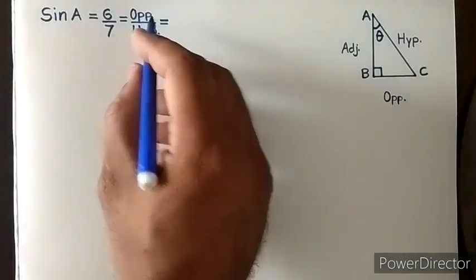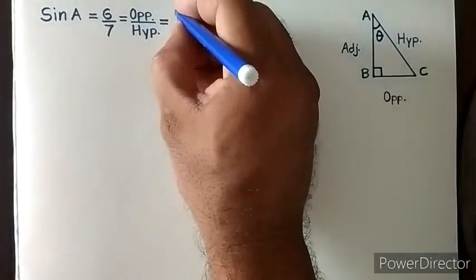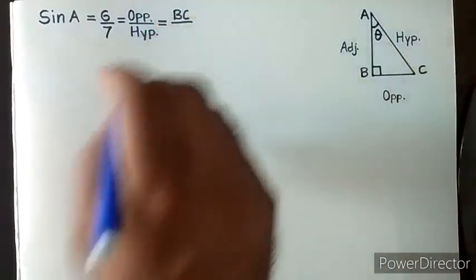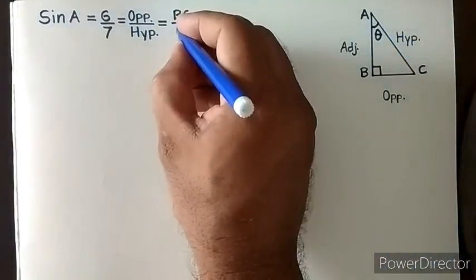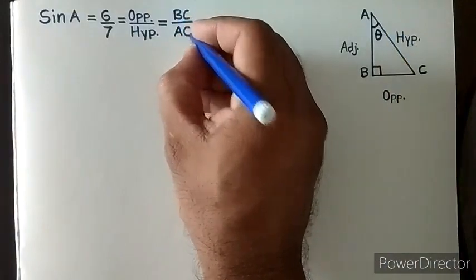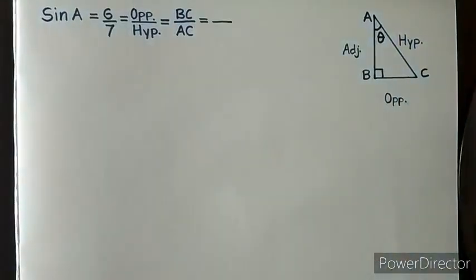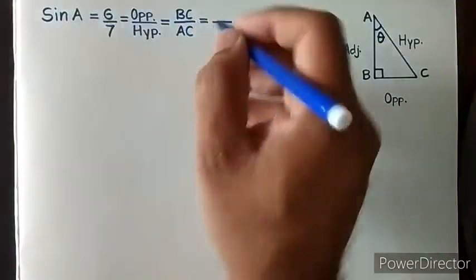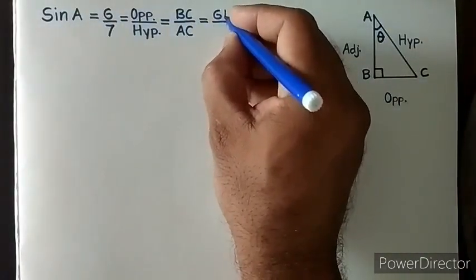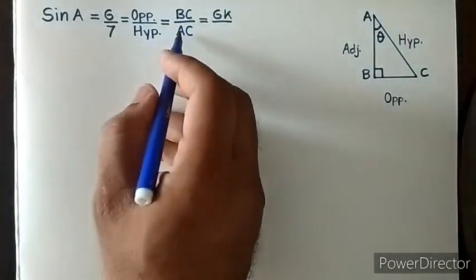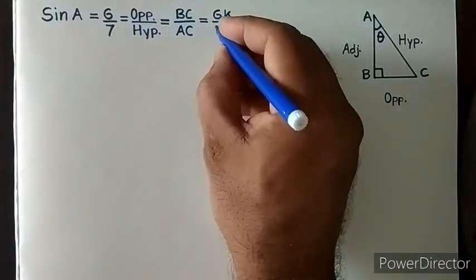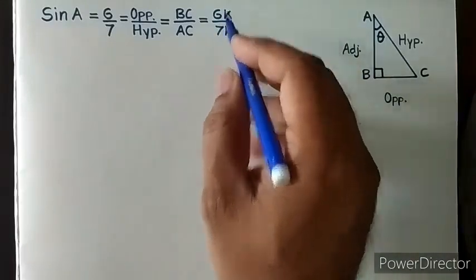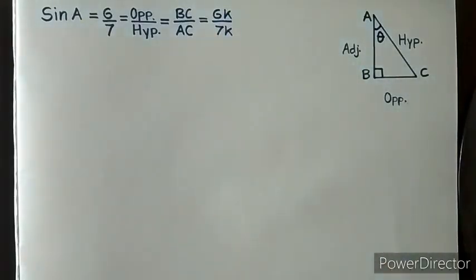So our opposite side is BC and the hypotenuse is AC, which means that your side BC is of length 6K and AC is of length 7K units, and this K is a common multiple.